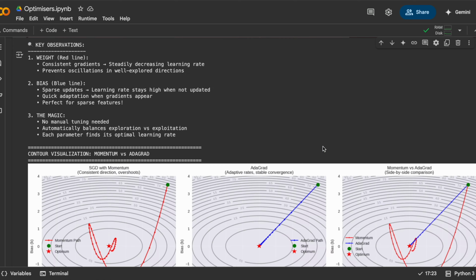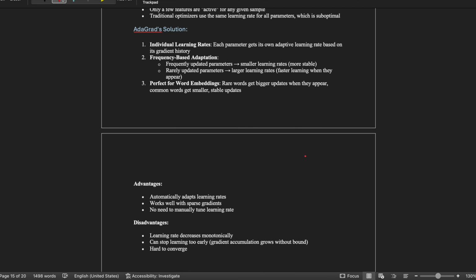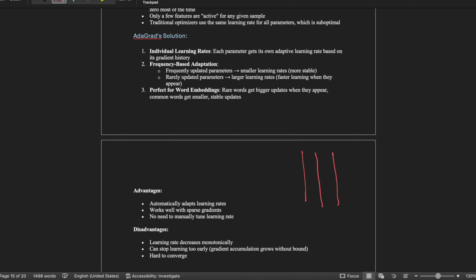Considering sparse data, suppose there is some dataset, and in that dataset there is a row which contains values like 1, 3, 0, 0, 0, 2, 1, 5, 0, 0, 0.